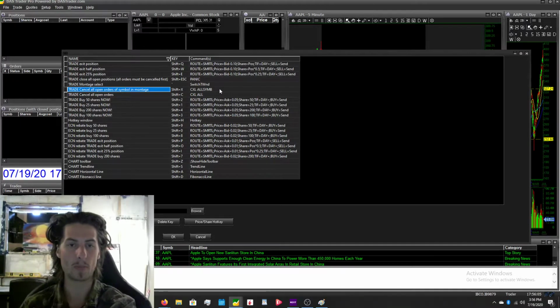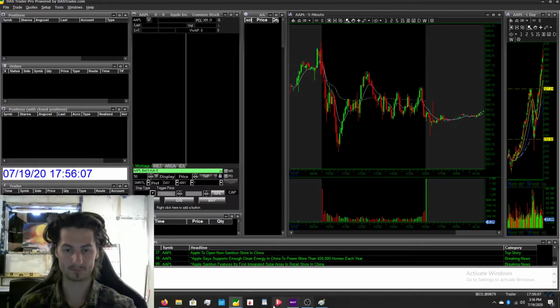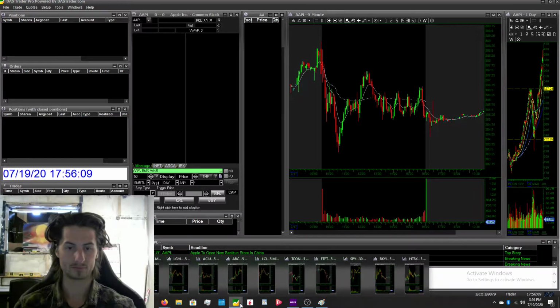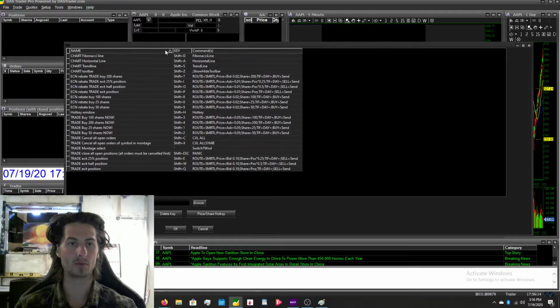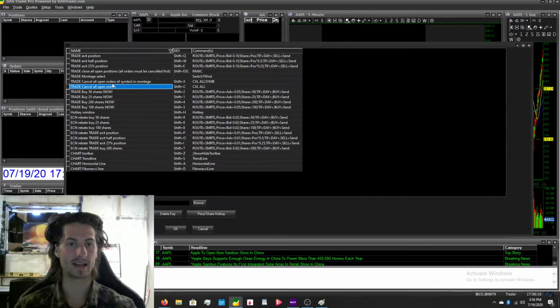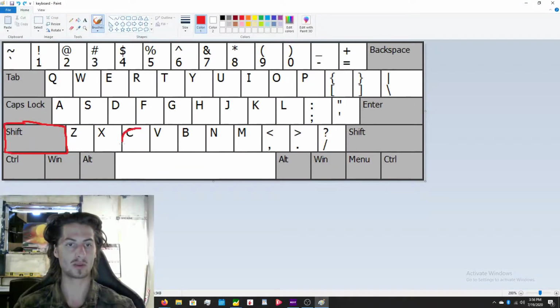That's pretty stupid. However, this symbol does do that, cancel all open orders. So this one, Shift C, this will cancel everything, and this will only cancel the ticker symbol in montage.